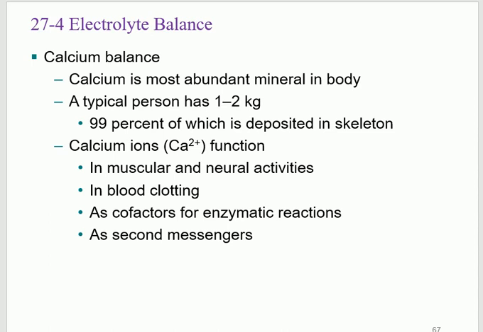Bone. We know that the bone is what? It's a calcium salt, isn't it? Why is the bone hard? It's calcium salt. So calcium. Clotting, blood clots. If you don't have enough calcium, blood clot will be dysfunctional. It's important for blood clots. It's also a cofactor. Some enzymes need it to work, and it works as a second messenger.